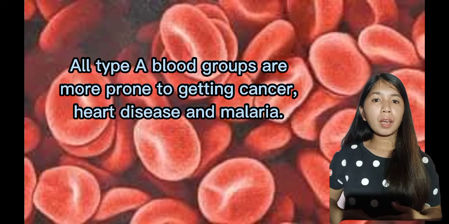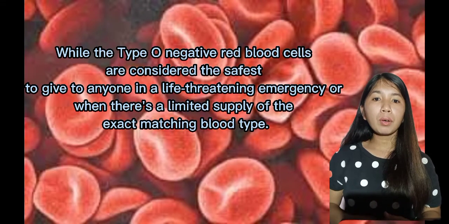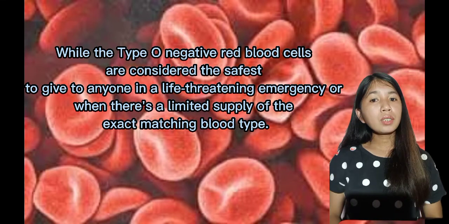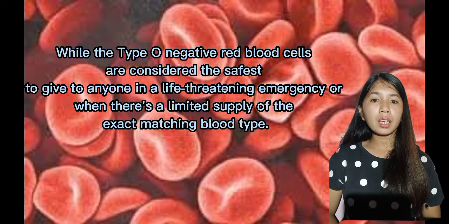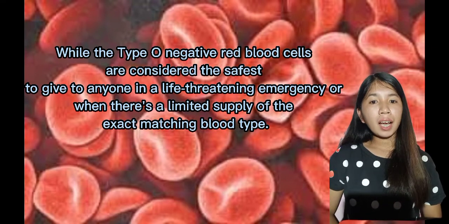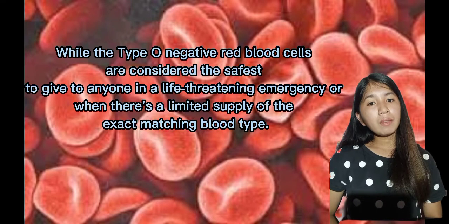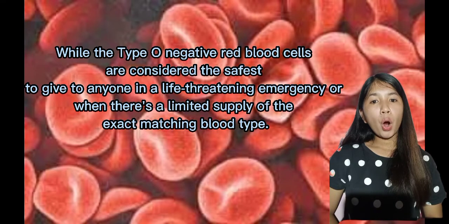All type A blood groups are more prone to getting cancer, heart disease, and malaria, while type O negative red blood cells are considered the safest to give to anyone in a life-threatening emergency or when there's a limited supply of the exact matching blood type. That's because type O negative blood cells don't have antibodies to A, B, or Rh antigens.